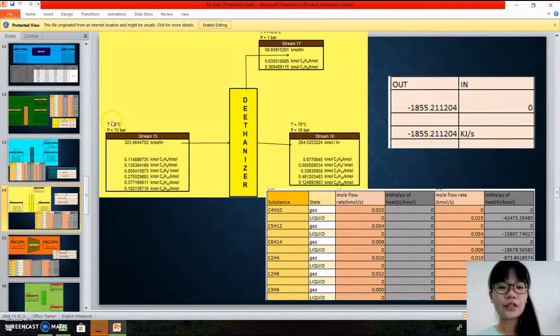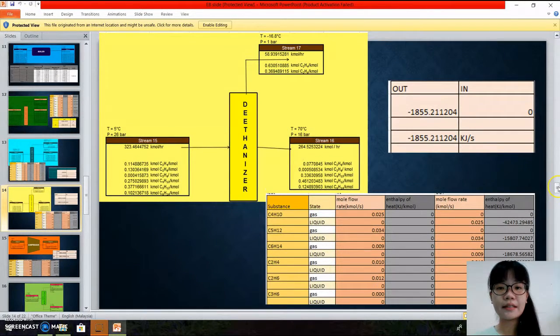Next, we move on to the deethanizer. The inlet temperature of the deethanizer is 5 degrees Celsius, while the overhead outlet stream temperature is negative 15.8 degrees Celsius, while the bottom one is 70 degrees Celsius. The inlet pressure of the deethanizer is 26 bar and the overhead outlet stream is 1 bar, while the bottom one is 15 bar.